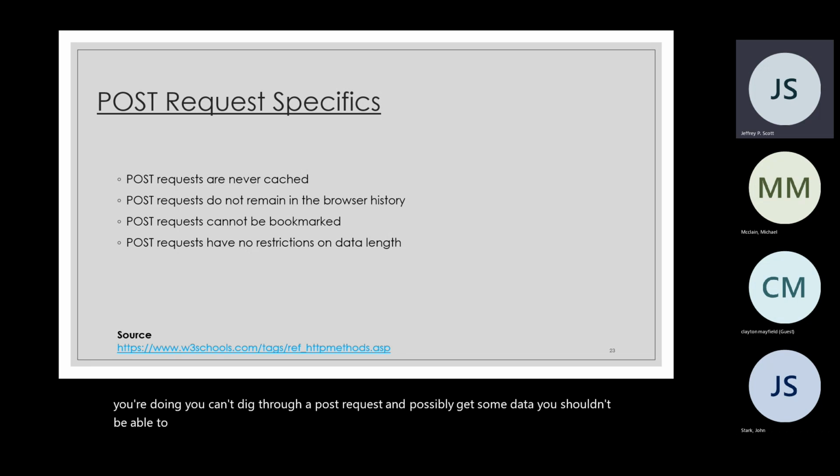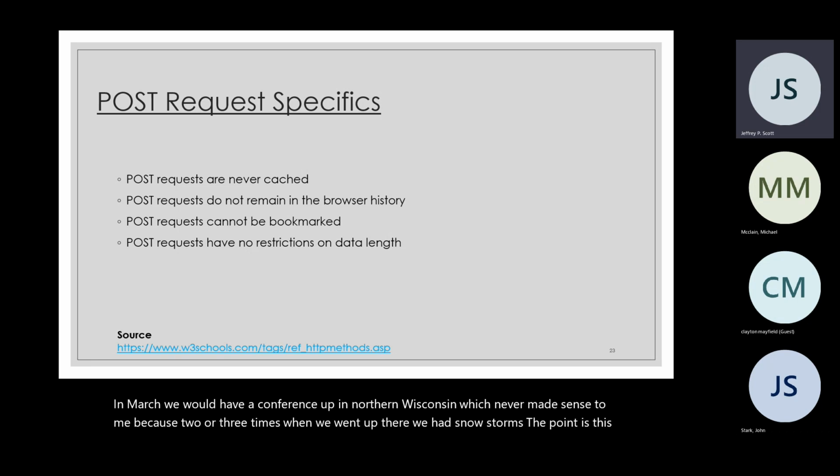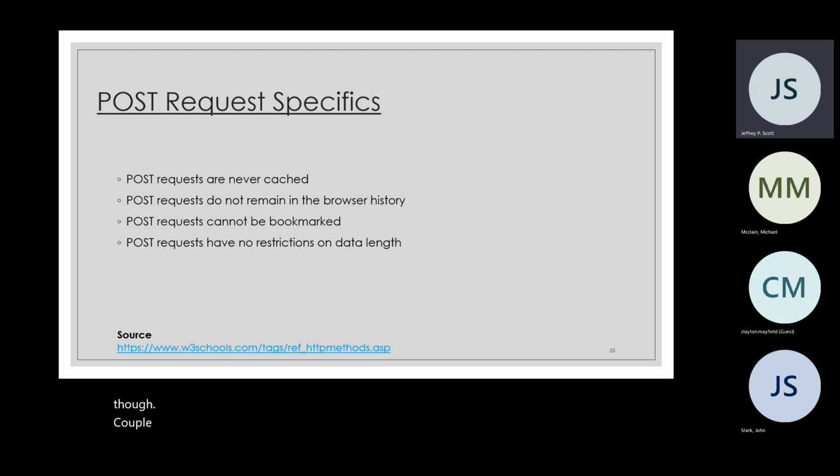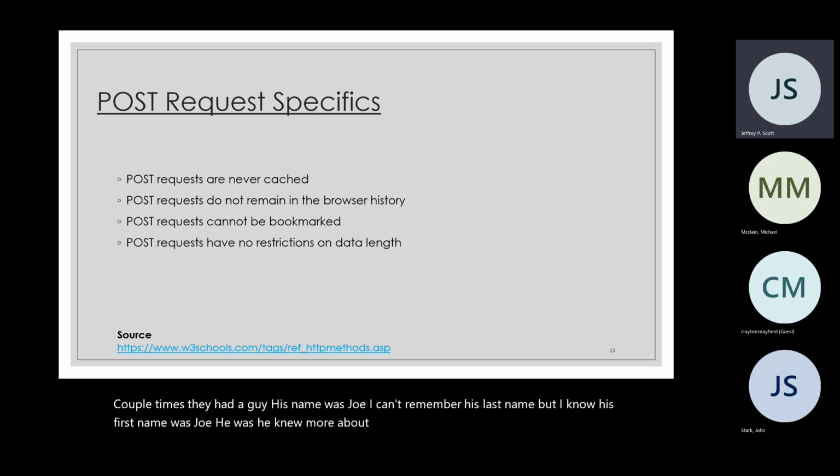I may have told you guys this already, but I always found this interesting. When I was an instructor in Wisconsin, every year in March, we would have a conference up in northern Wisconsin, which never made sense to me because 2 or 3 times when we went up there, we had snowstorms. The point is this, though. A couple times they had a guy, his name was Joe. I can't remember his last name, but I know his first name was Joe. He knew more about security than anybody I'd ever met, probably.